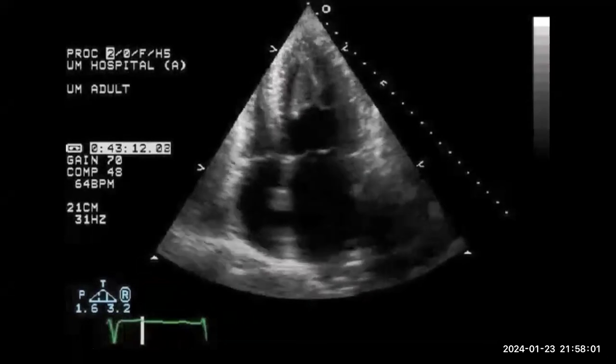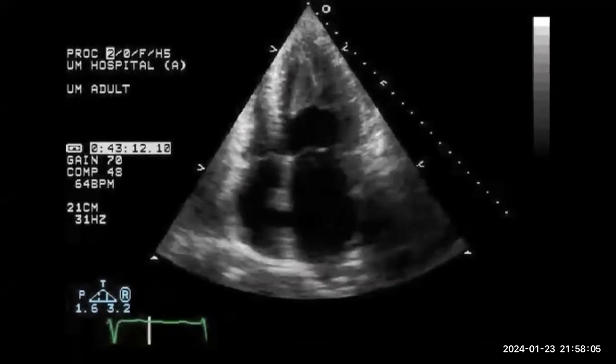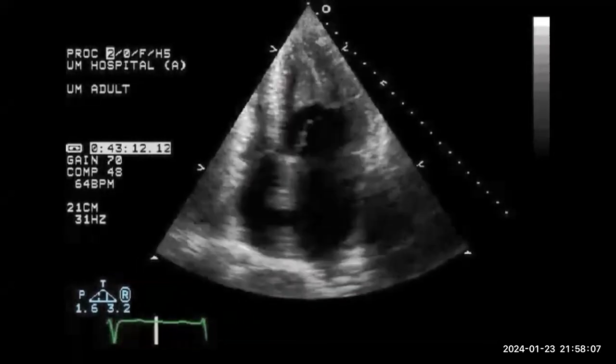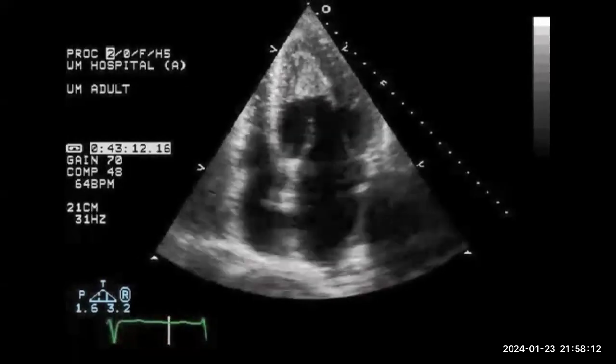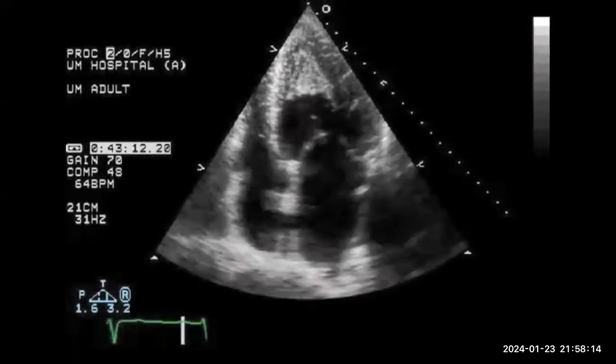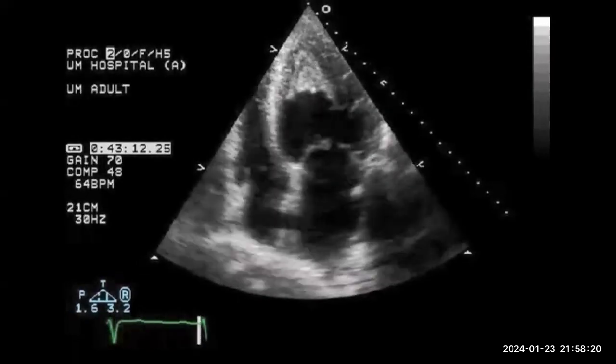Okay, apical four chamber, there is an abnormal mass in the apex of the LV. Is it going with the hypereosinophilic? Okay, excellent.